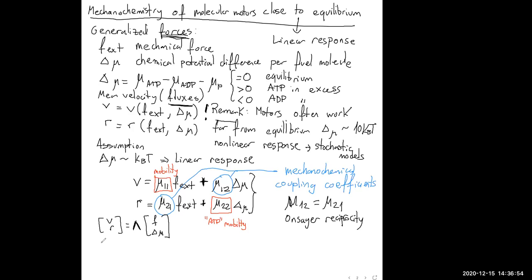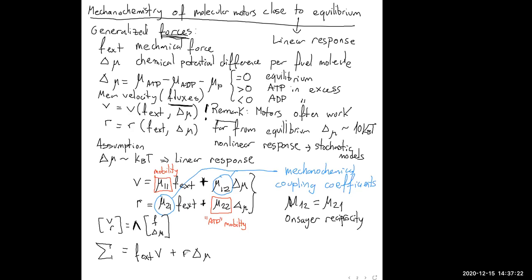So what we can measure is what is called the entropy production rate, sigma. It is basically the following: the force times the velocity plus the rate times delta mu. This is the work done by the external force, force times velocity, and this is another one.